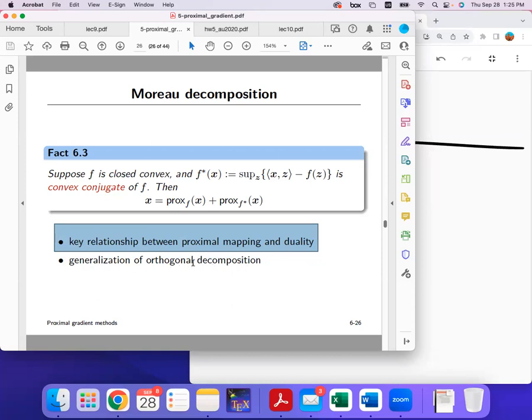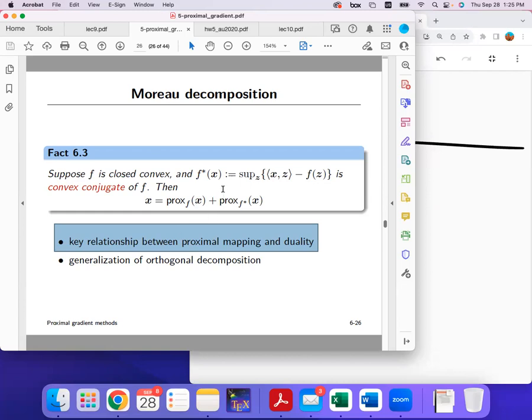For example, if f is the indicator function of a subspace, then the proximal mapping of f is the projection of x onto that subspace. And then we can show that f star is simply the indicator function of the orthogonal complement of that space.